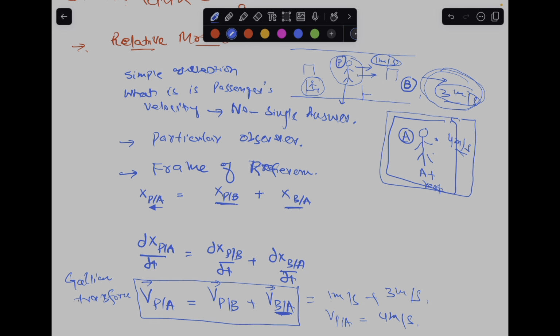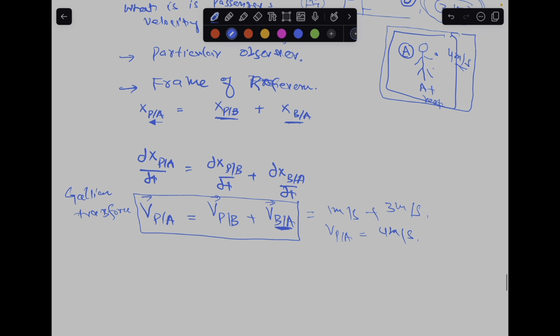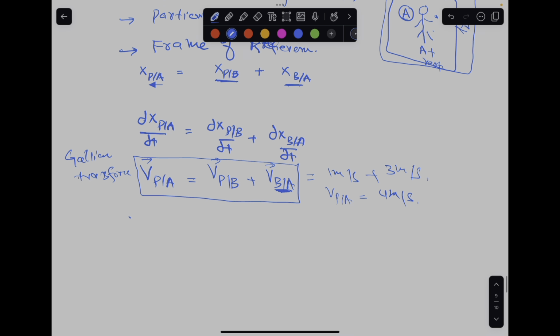So this is classical mechanics. So we are having velocities very much less than c. So this Galilean transformation or Galilean relativity is valid in that case.